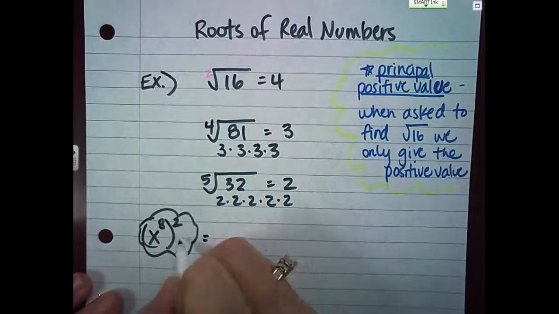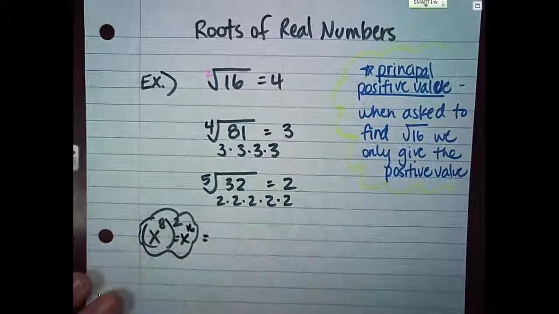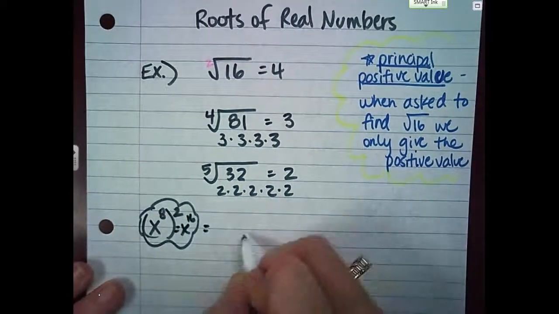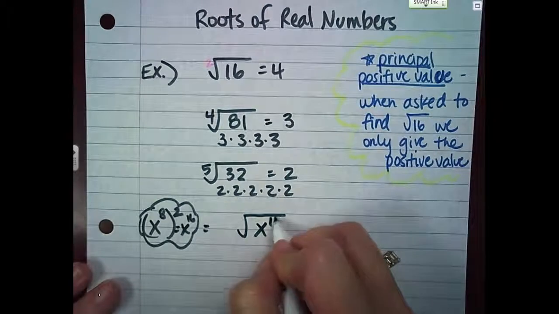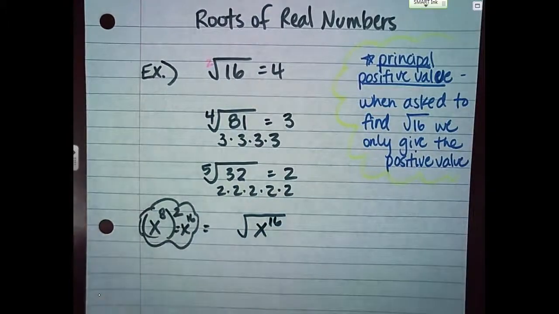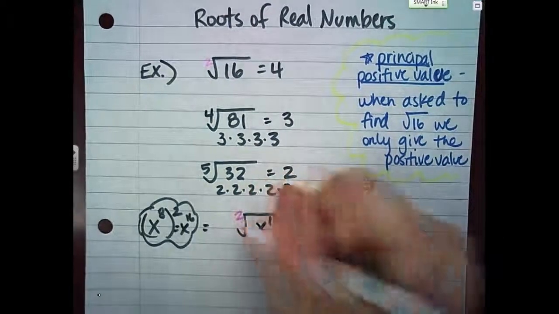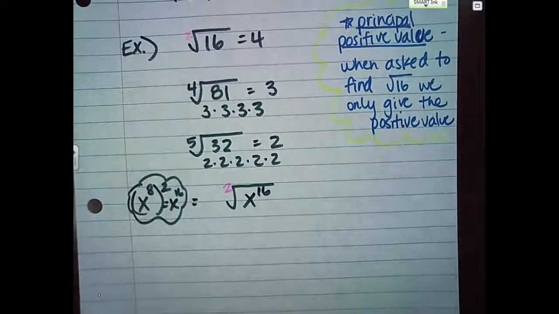So what if I go backwards? If I have x to the 16th, and remember there's an imaginary 2 written here, what I'm asking you is, what number can I write down twice that is going to give me x to the 16th?